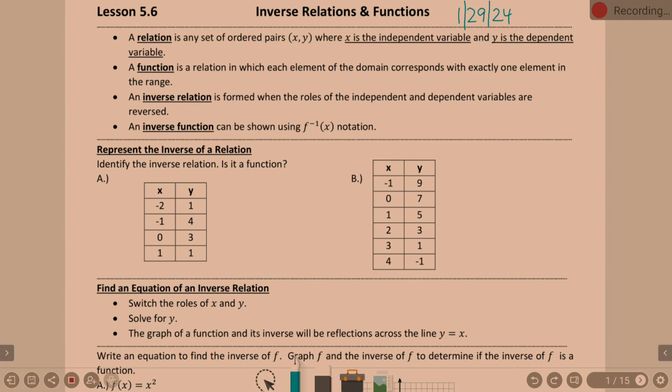Inverse relationships. So a relation, you might have heard this word before, is any set of ordered pairs x, y, where x is the independent variable and y is the dependent variable. So just a general name, if we don't know whether or not it's a function, is relation. X being the independent, that means it's the horizontal axis.